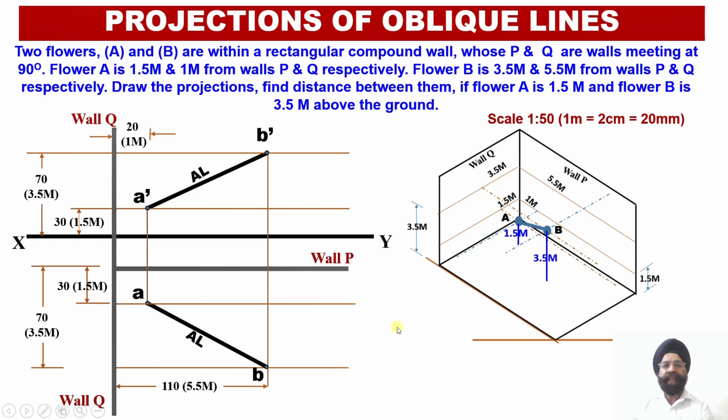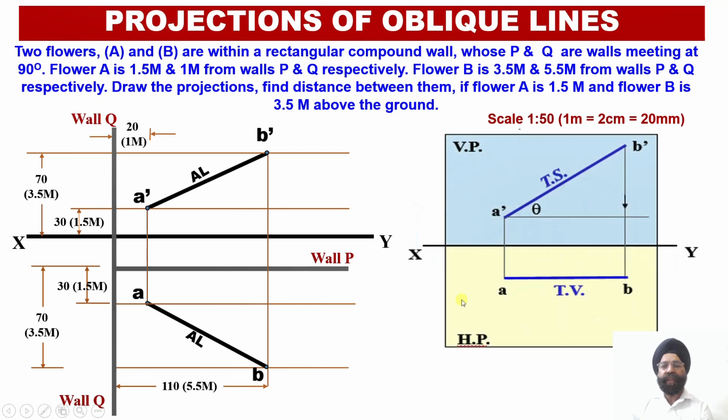Now, having obtained these orthographic front view as well as the top view projections, we will be using the fundamentals of rotation of the line to obtain the true length between point A and point B. As per the principles of rotation of the line, whenever the apparent length projection of the two points A and B in the plan, corresponding to the line AB, is parallel to the vertical plane, then on the vertical plane, if we draw projections through these two points, we are going to obtain the true length of the line in the front view.